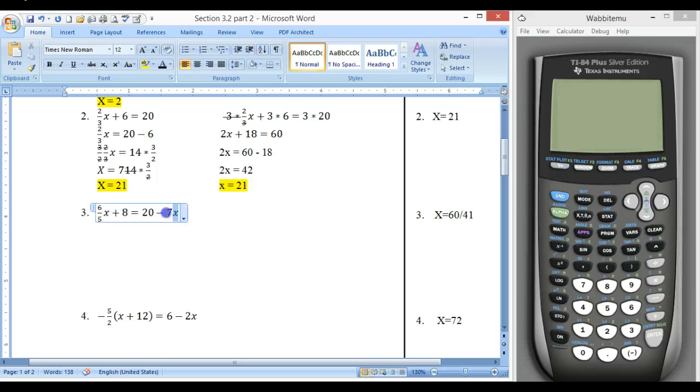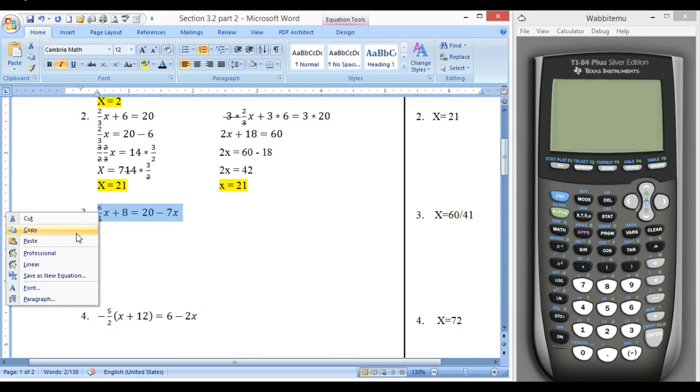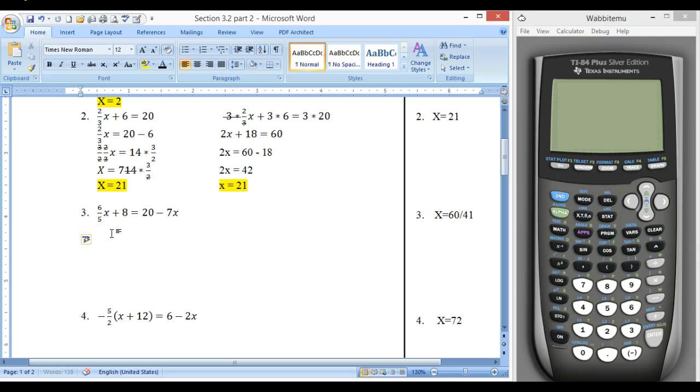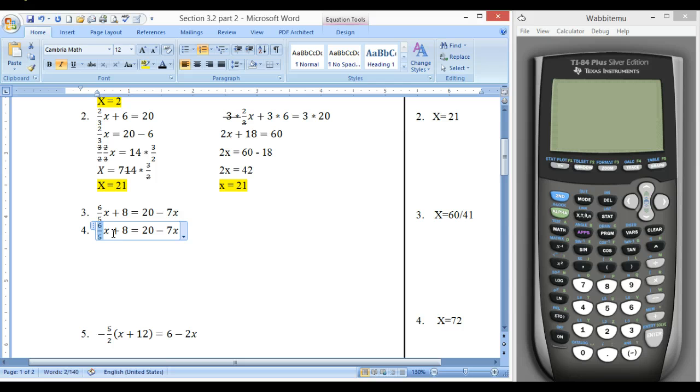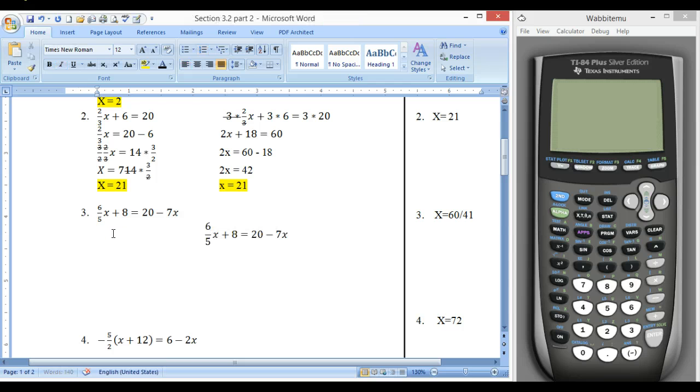So I'm going to highlight this, and because I already showed you earlier how to take the x's on the left side and the right side, I'm just going to pick and keep it consistent on both examples on this one.